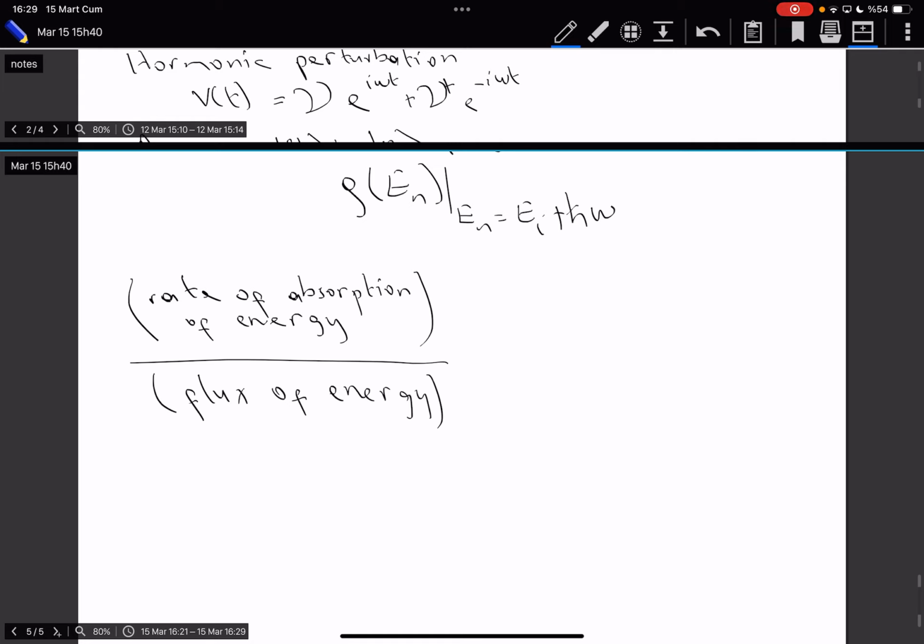If you want to calculate the rate for a given energy flux, just multiply by the energy flux. And so this ratio doesn't depend on how much energy you pump into the system. It depends only on the properties of how electromagnetic fields interact with the atoms or whatever we have.